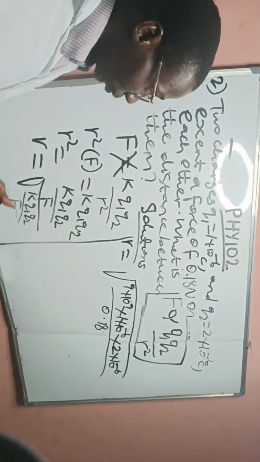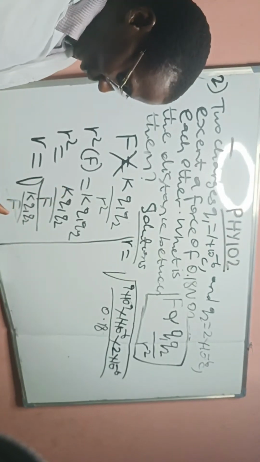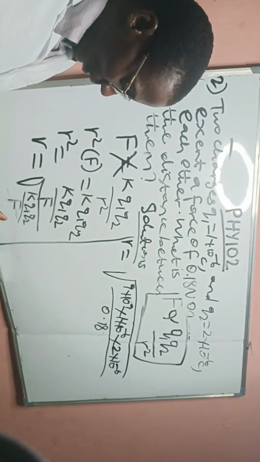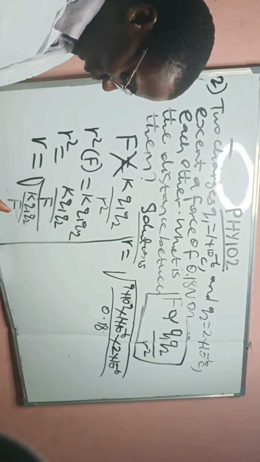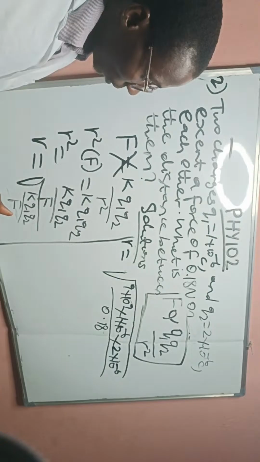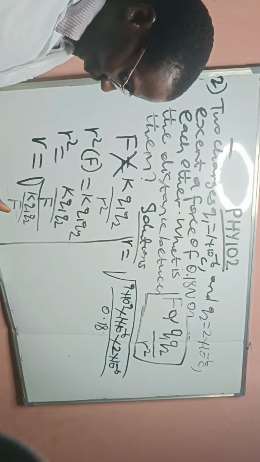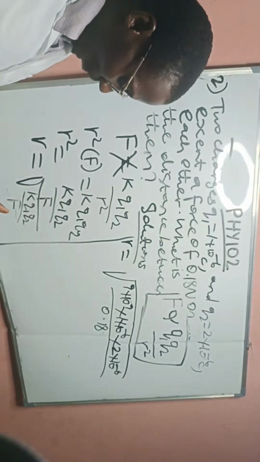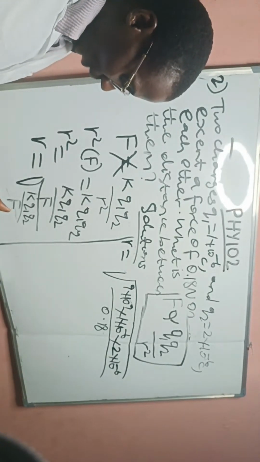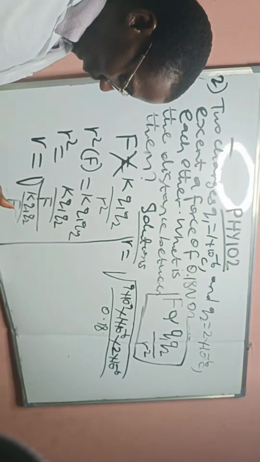Just click the square root, then you have 9 times 10 power 9.